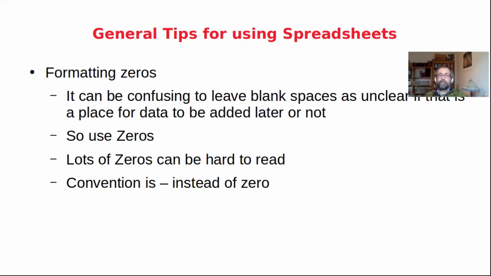If you have a line that says something, but there's no information going into that row or column, if you leave a blank space, it is then unclear whether the spreadsheet is finished, or whether this is a space that you're leaving for data to be added later on, which we often do. What you need to do is say, okay, there is something in this space, but the thing that's in this space is zero.